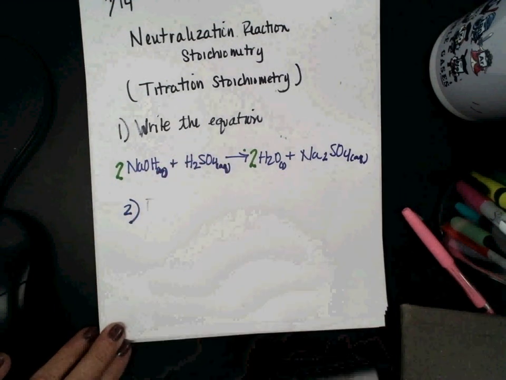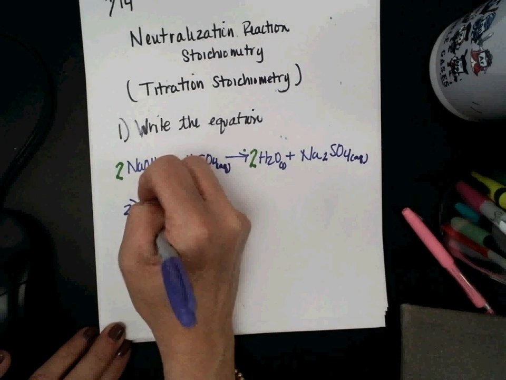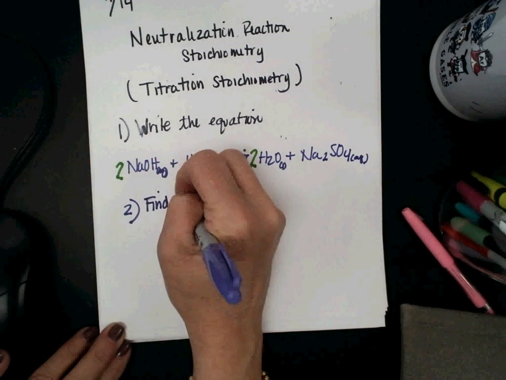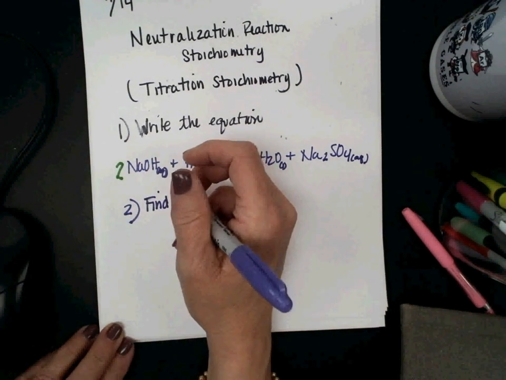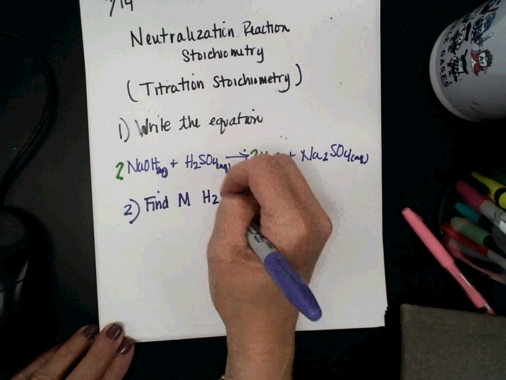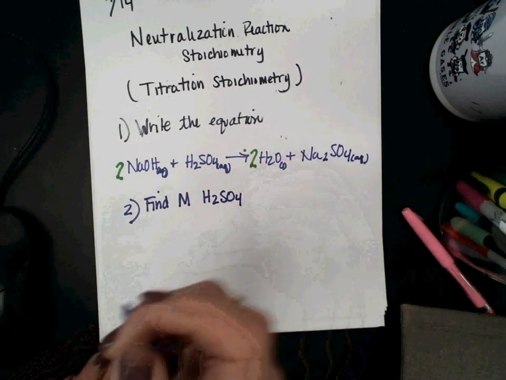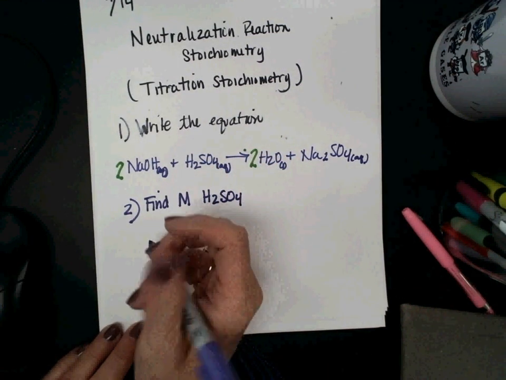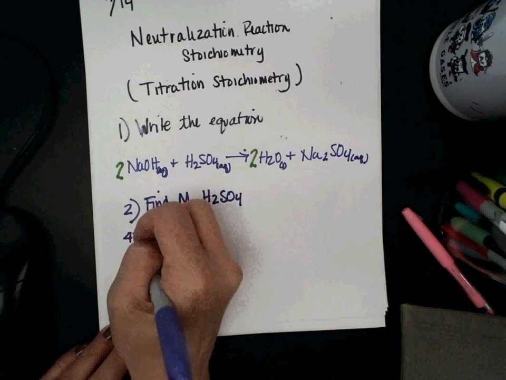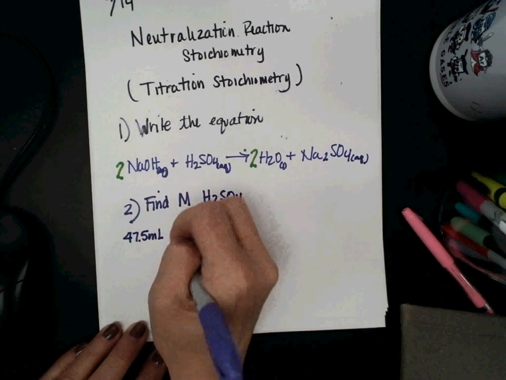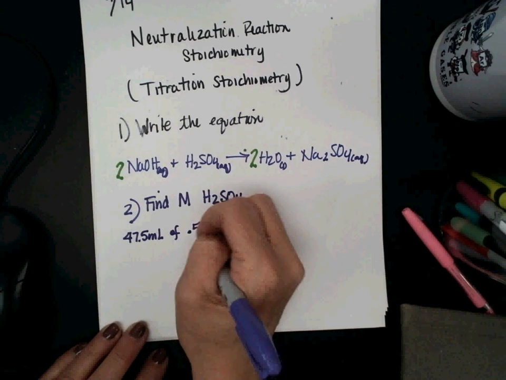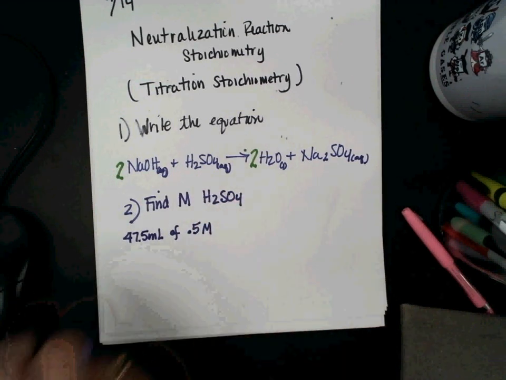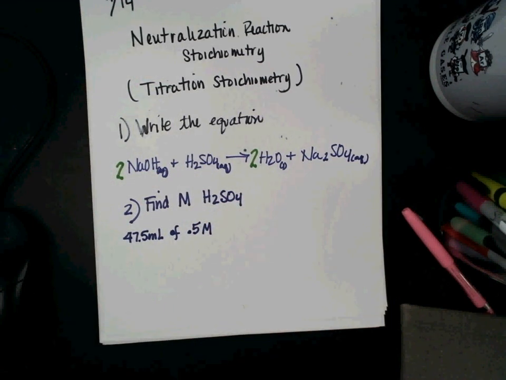My marker's dying. I want you to find the molarity of the H2SO4 because that's what you're given the information about. You are told that you have 47.5 milliliters of a 0.5 molar solution. So we know what our molarity is. We know how much of it we have.